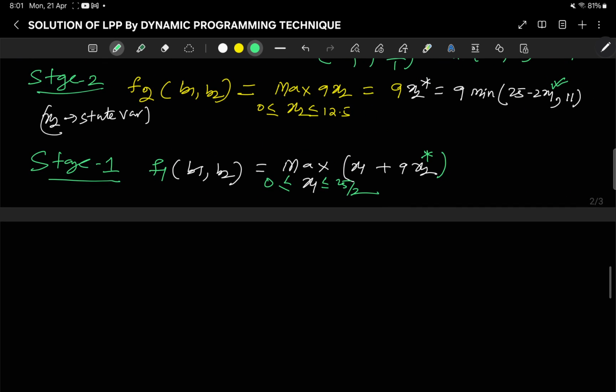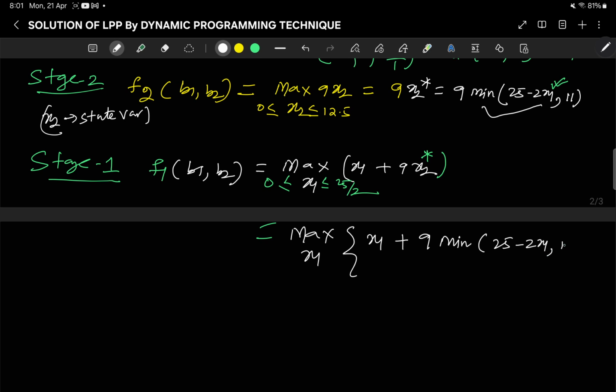Now I substitute: maximize over x1, x1 plus 9 times the minimization of 25 minus 2x1 and 11.